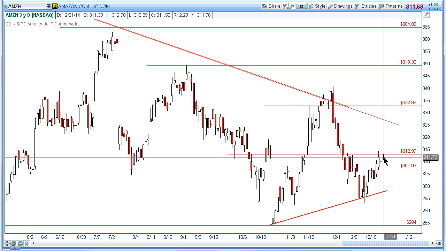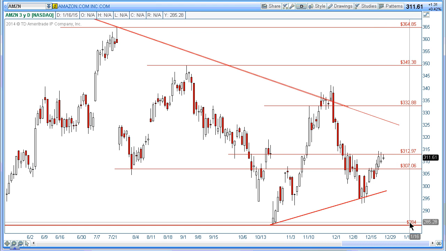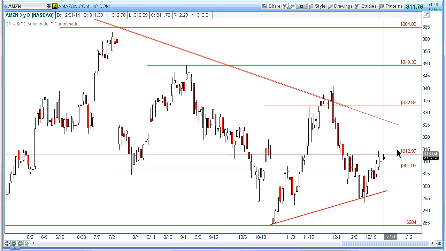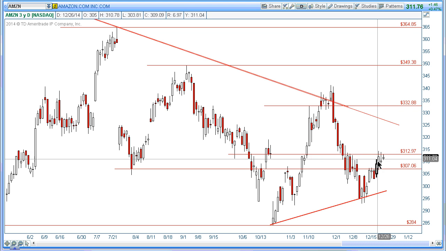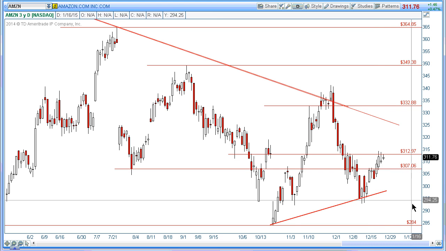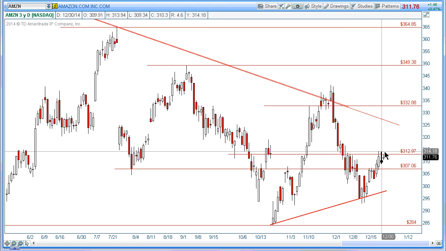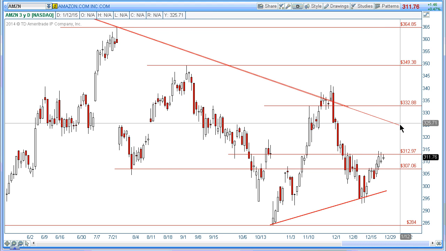It might just get a little bit of a bounce and maybe zigzag back down and retest this 284. So again, I did not have any setup on this, even though you see there's a little coiling effect here on this inside bar. But right now, I'm not inclined to try to chase this thing up.